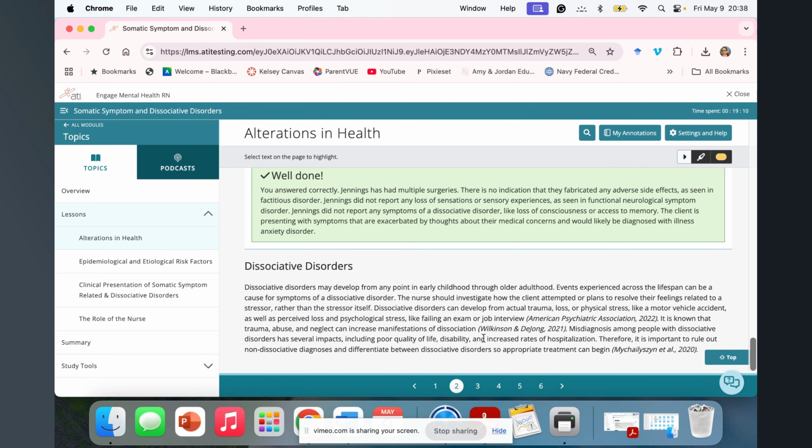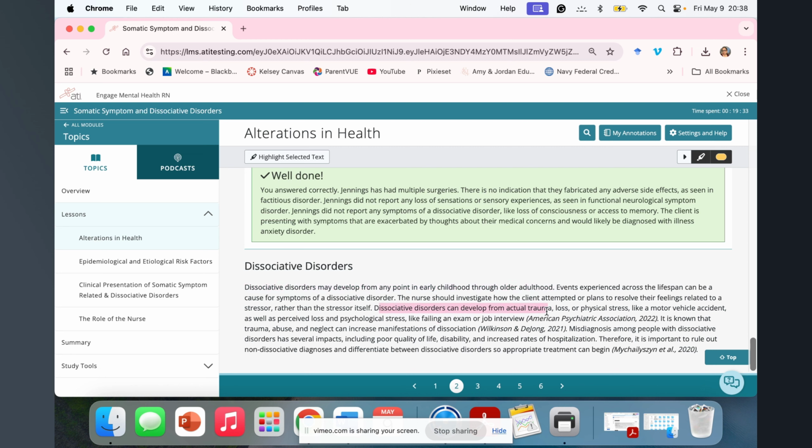So just as a quick FYI, dissociative disorders may develop from any point in early childhood through older adulthood. Events experienced across the lifespan can cause symptoms of dissociative disorder. Nurses should investigate how the client attempted or plans to resolve their feelings related to a stressor rather than the stressor itself.